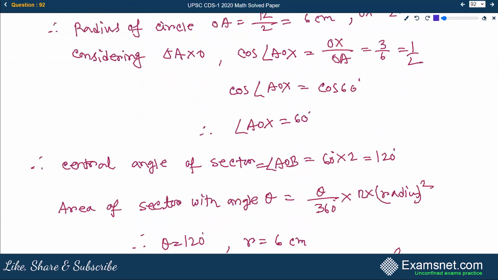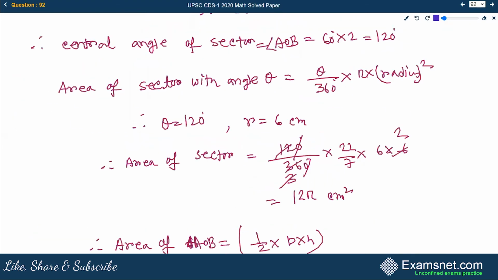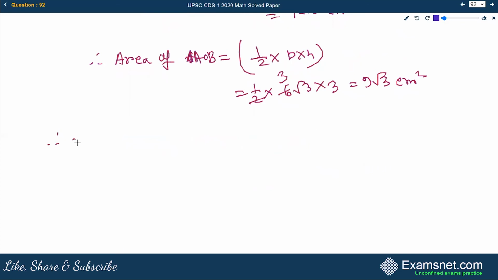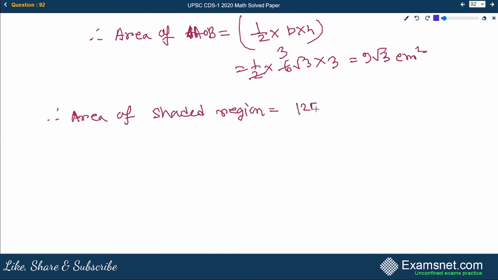Now look at the figure again. So this shaded region, how can we find the area? If we subtract this unshaded region from this sector, we'll only be left with this shaded part. Therefore, area of shaded region, area of the sector 12 pi minus area of the triangle 9 root 3 centimeter square.